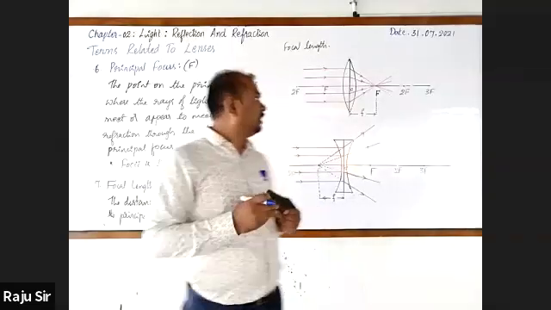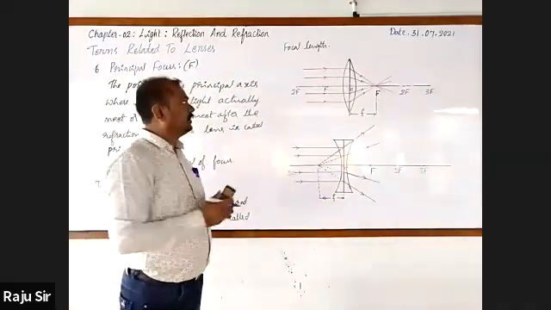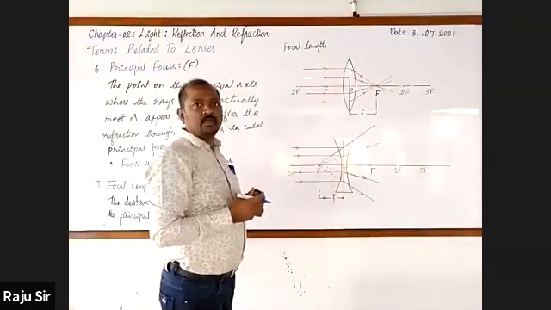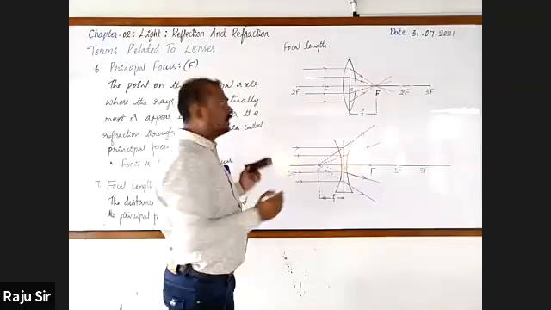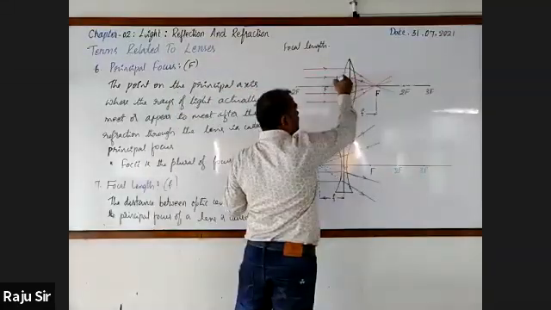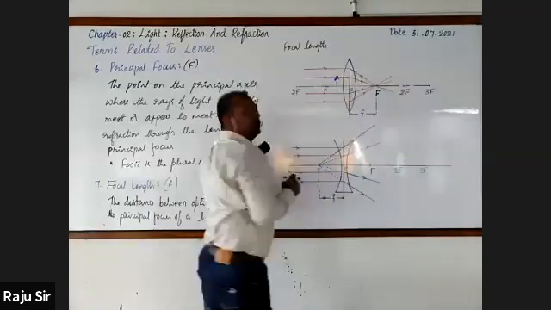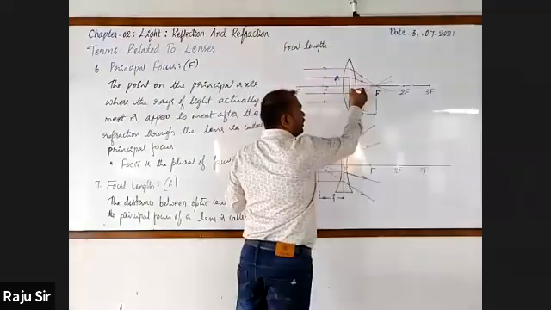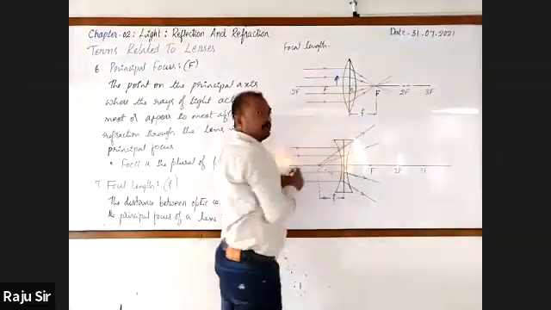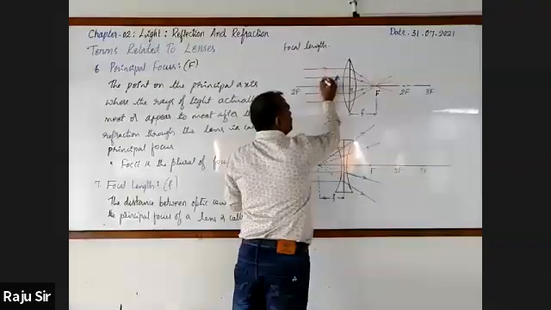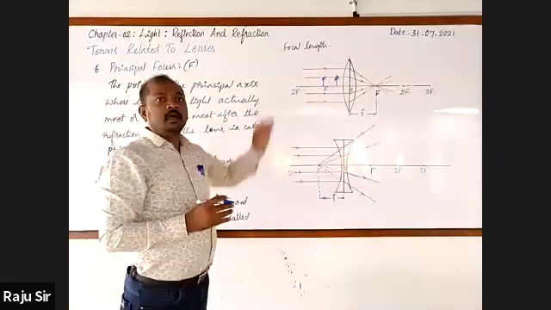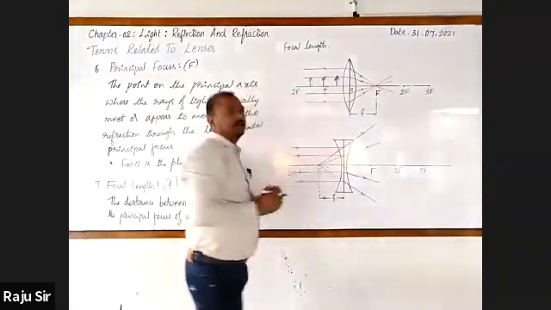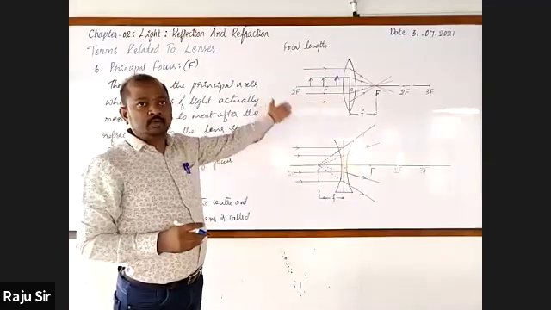But where should the object be placed? Assume we are taking the convex lens. Then we can place the object in these places. Between the optic center and the principal focus. Next, at the principal focus, F. Then between F and 2F, the center of curvature.